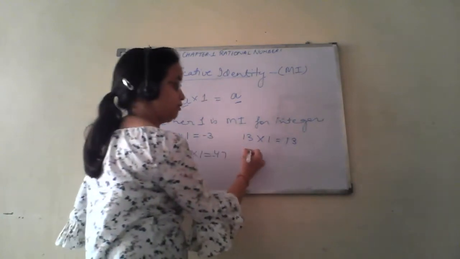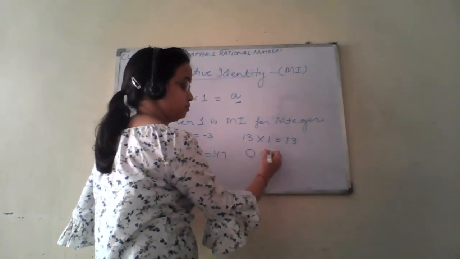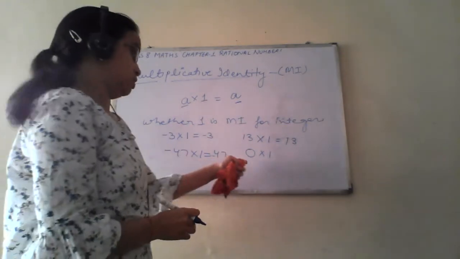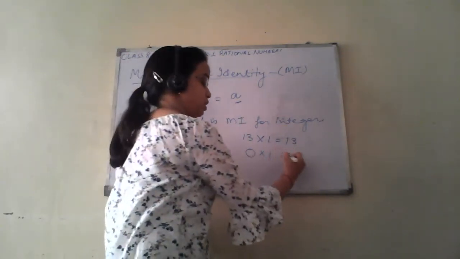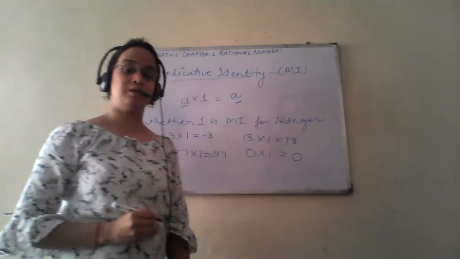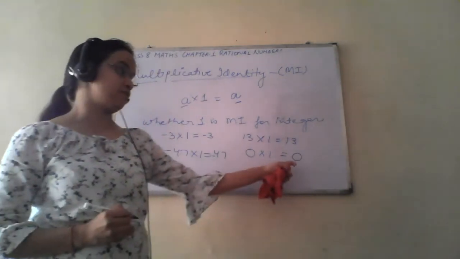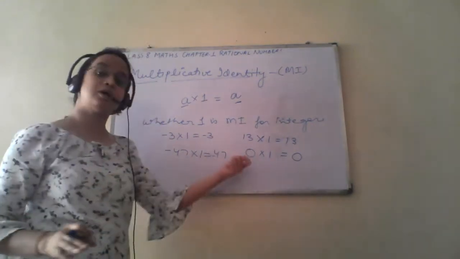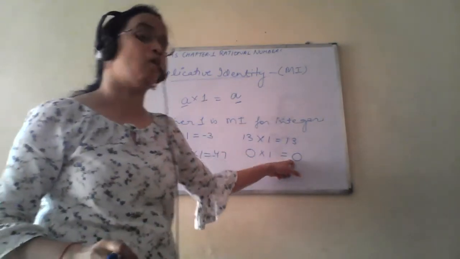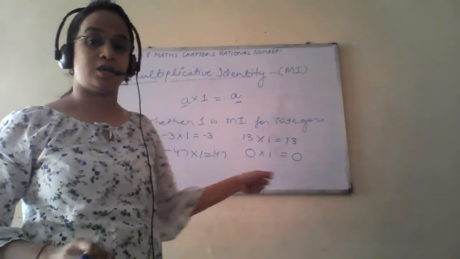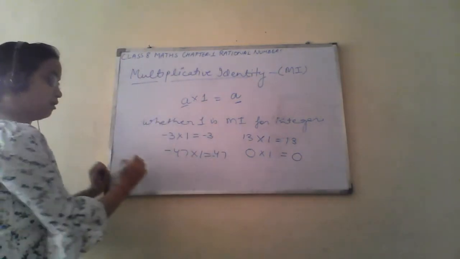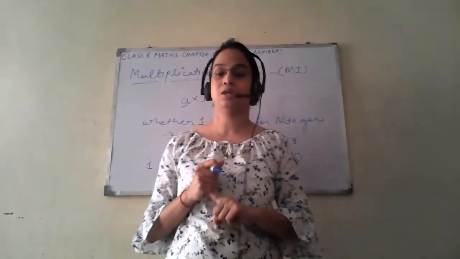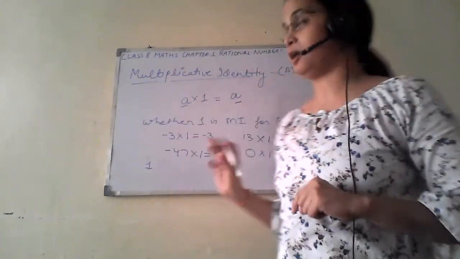Now, if we multiply 1 with 0, since 0 is also an integer, will the answer become the same or different? It is different in this case. When we multiply 1 to 0, the answer will get changed. So we can conclude that 1 is not the multiplicative identity of integers.